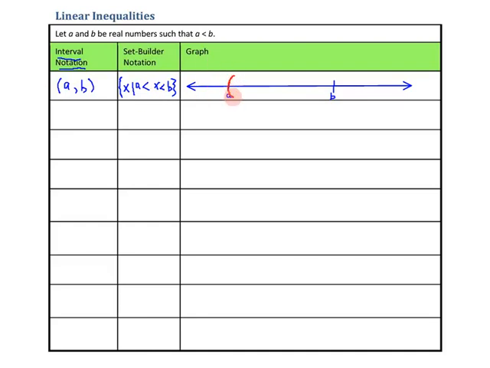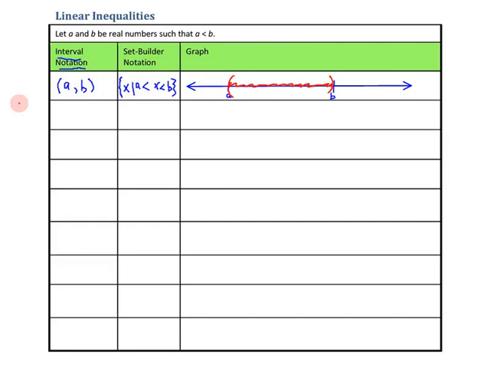I would put parentheses at A and B pointing towards each other, meaning that I'm not including A and I'm not including B, but every number in between is an element of this set. So this represents the set of all numbers from A to B. Okay?